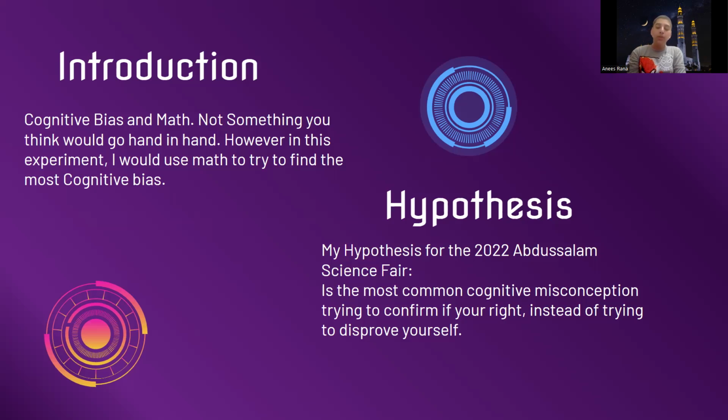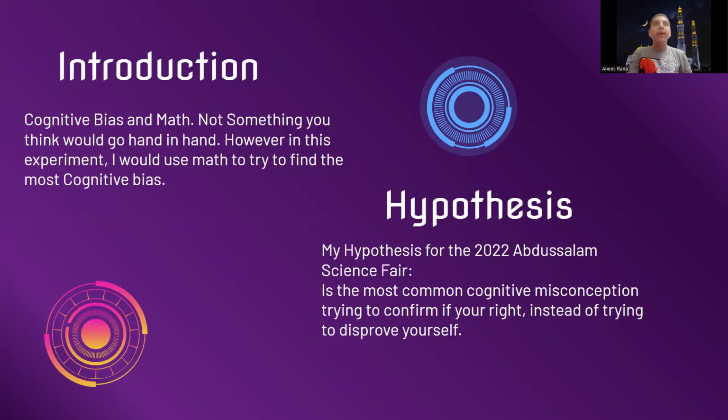Be aware that there will be no experiment in this project, as this is a research project of collecting data. My hypothesis for the 2022 Abdussalam Science Fair is the most common cognitive misconception: trying to confirm if you're right instead of trying to disprove yourself?